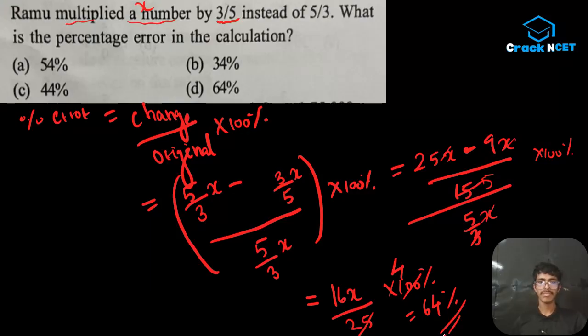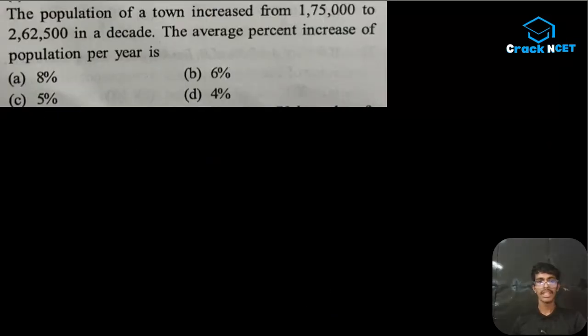Okay. Moving on to the next question. What is the question? Population of a town increased from this to this in a decade. The average percentage increase of population per year is? Within 10 years, the population was increased from this to this.